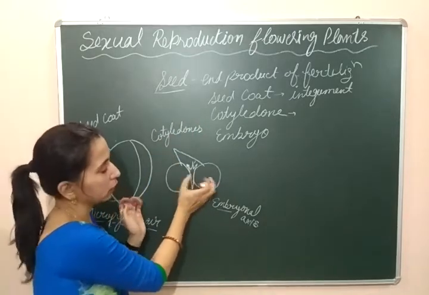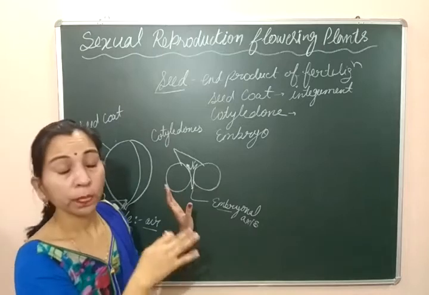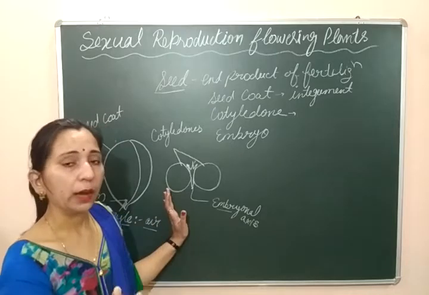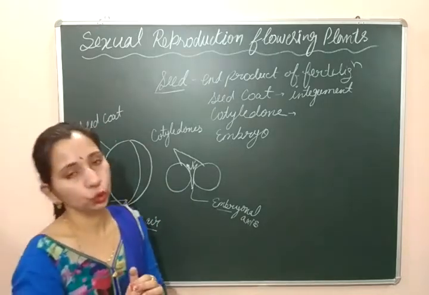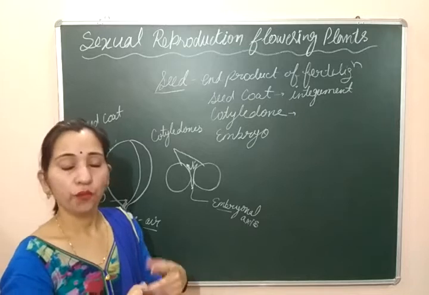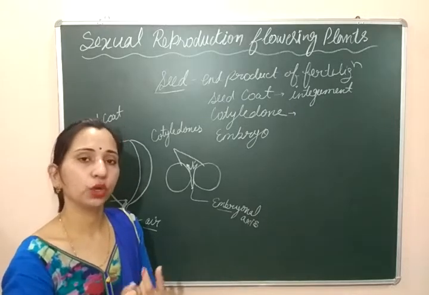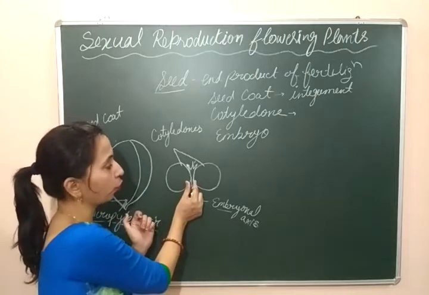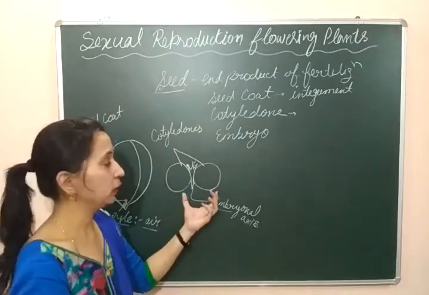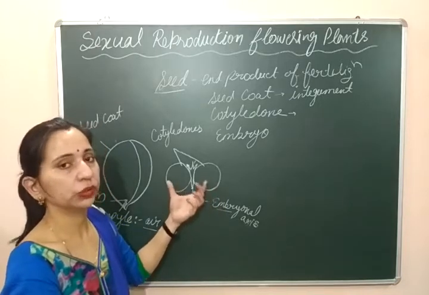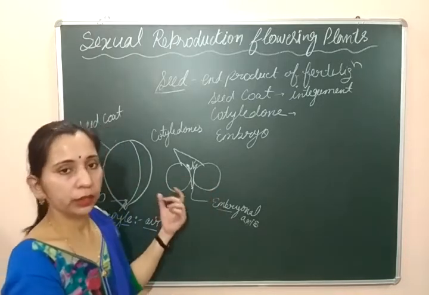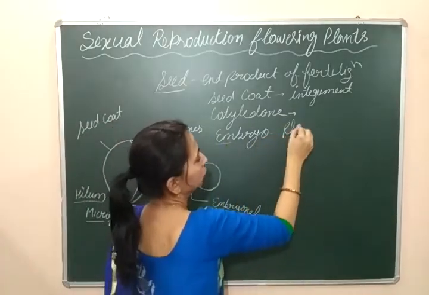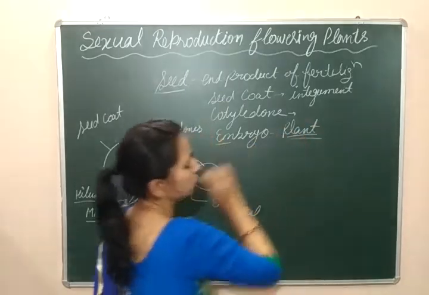These two cotyledons give nourishment to the growing embryo until the embryo is able to form its own food. जब तक embryo roots और shoot को develop करेगा, जब तक इसमें leaves grow होंगी, photosynthesis करेंगी, roots grow होके water absorb करना start करेंगी, तब तक के लिए nourishment इन दो cotyledons से मिलेगा. तो ये cotyledons reserve food provide करते हैं growing embryo को. And the embryo will give rise to the new plant.